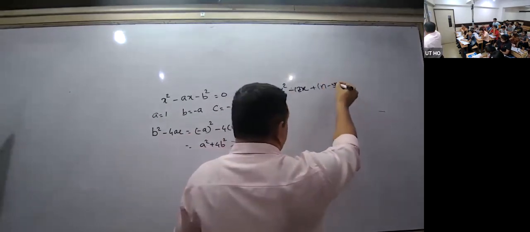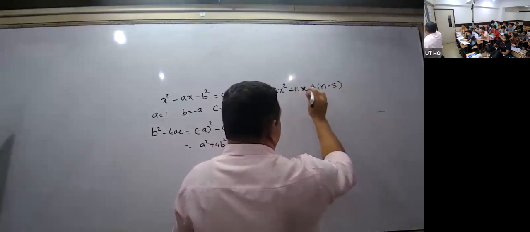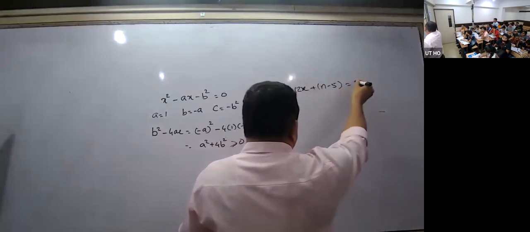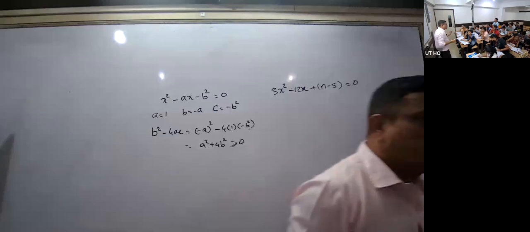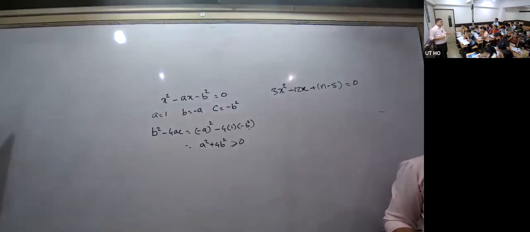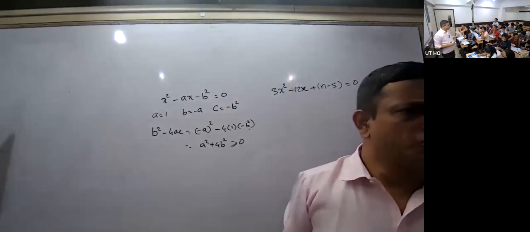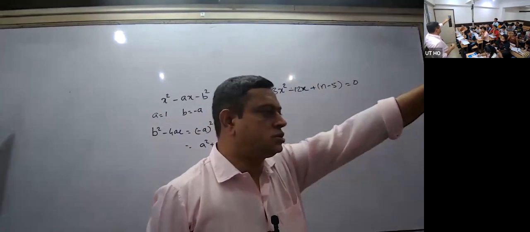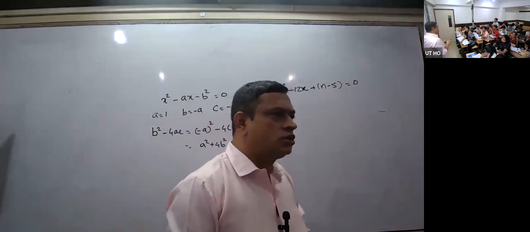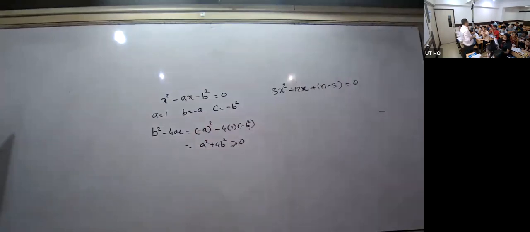N minus 5. What's the question? What is the problem here? How will you, when the roots are equal, what is the condition? Why are you looking down? Hello? Since a long time he hasn't looked at the page and read what is there.